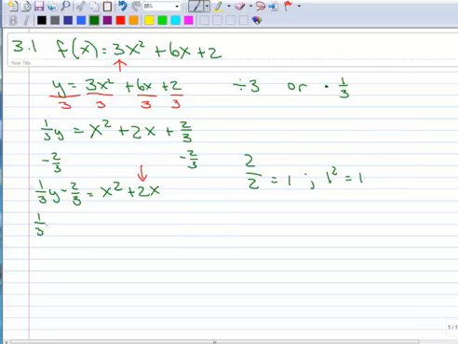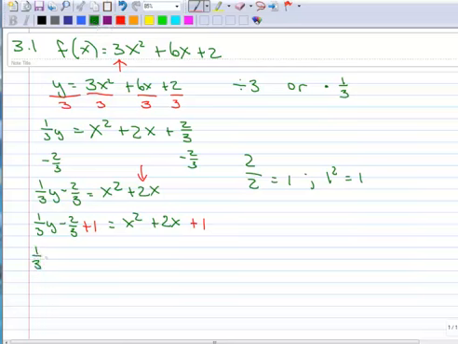So I have 1/3 y and a minus 2/3, and now I'm going to add 1 to this side, and on the right hand side, x squared plus 2x, and now I want to add 1 to the right hand side. Okay?